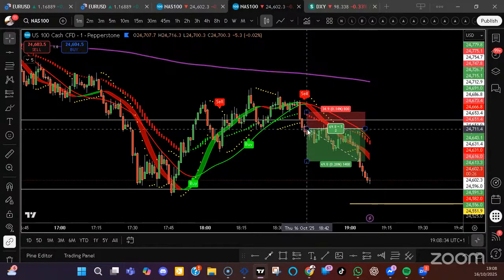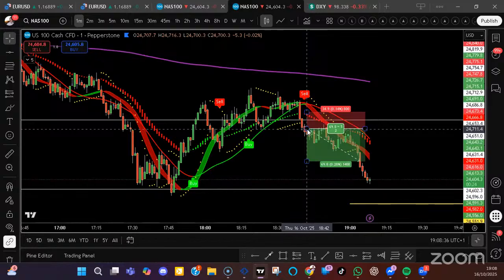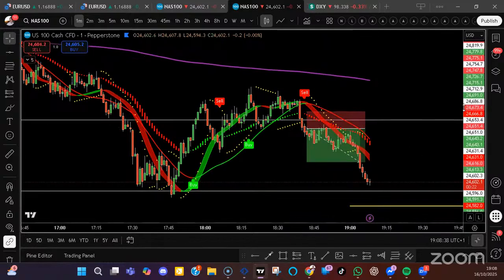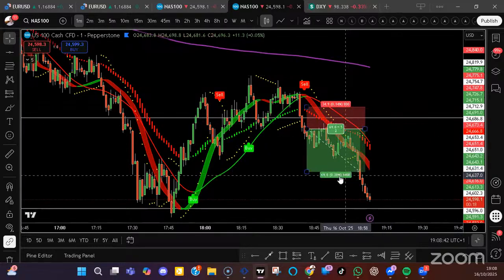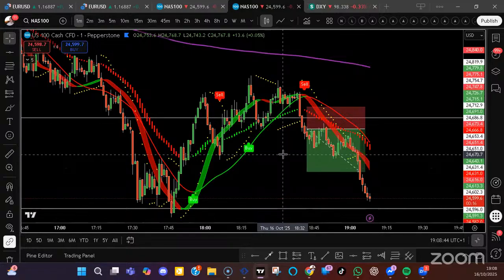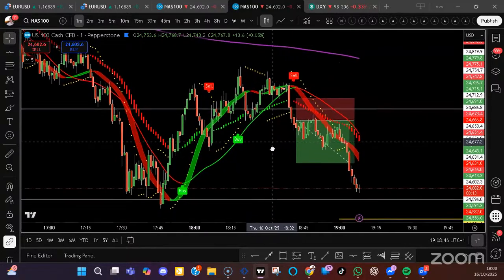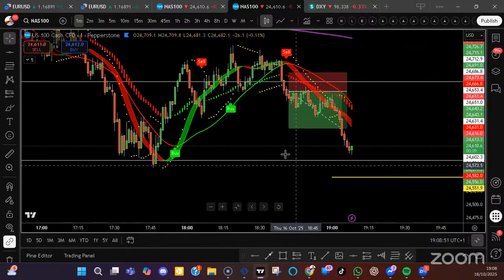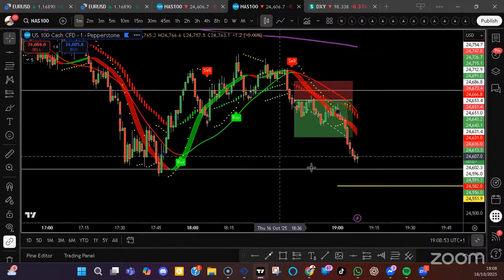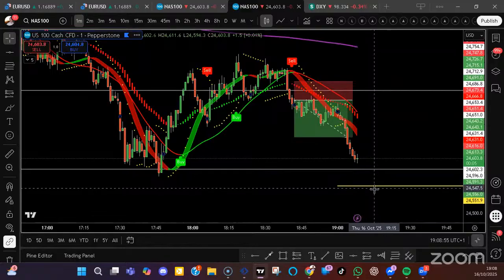So we had to extend it down to 3,400 units, which is about 3.4 pips in the real world. But as you can see, that could have been a successful trade for somebody. But right now we are waiting for price to hopefully get into the buy zone.